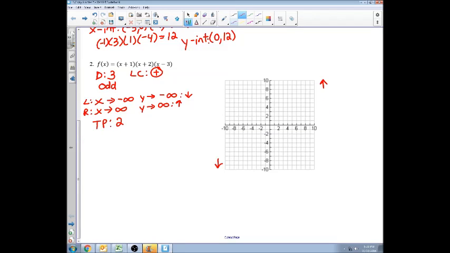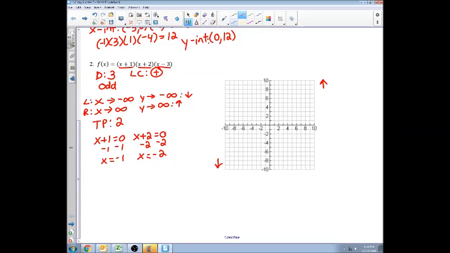All right, now that I found my turning points, the next step in our process is to find our x-intercepts. Remember, I'm going to use each term from the top, so x plus 1. I'm going to set that equal to 0. Subtract 1 from both sides, so x would equal negative 1. X plus 2, set that equal to 0. Subtract 2 from both sides, so x equals negative 2.